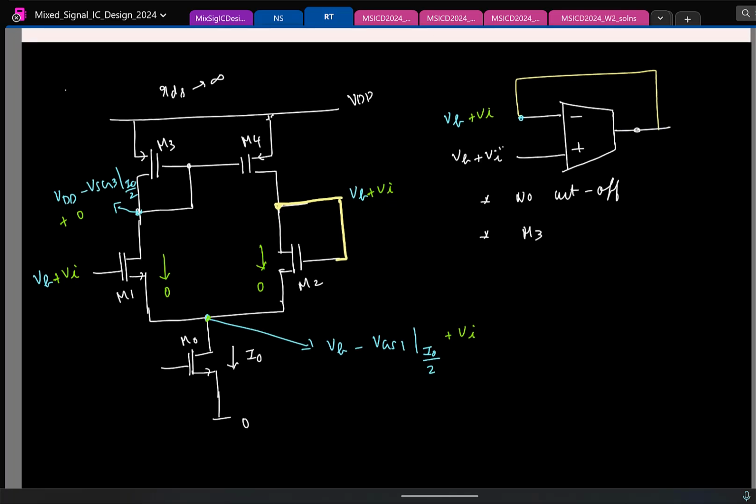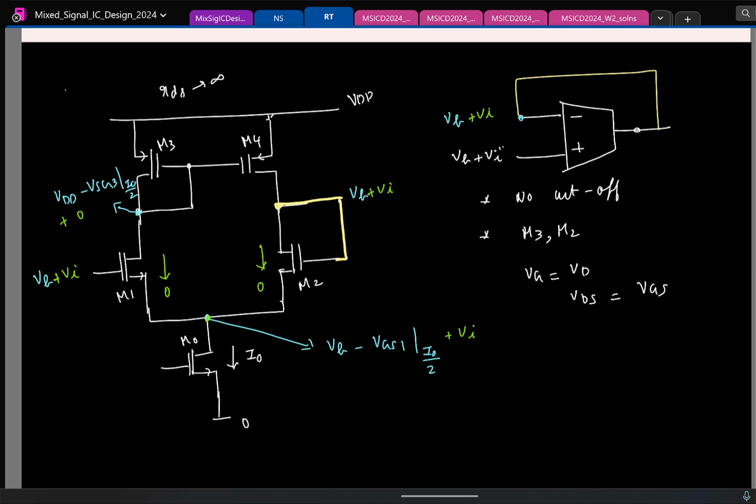M3. Any other transistor? Even M2, if you look at it, the gate and drain are shorted. So even for M2, you don't have to worry about it entering into triode region. Because remember, gate voltage is same as drain voltage, which means my VDS is equal to VGS.